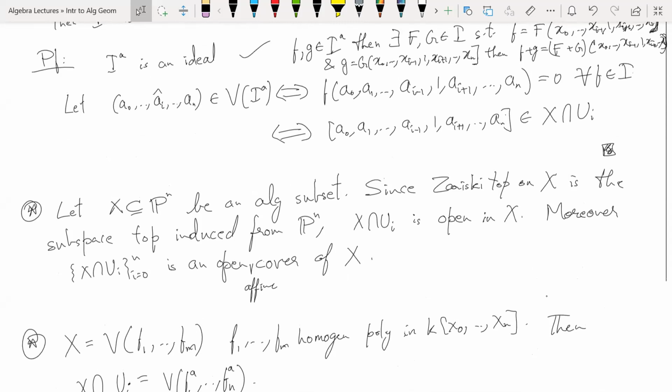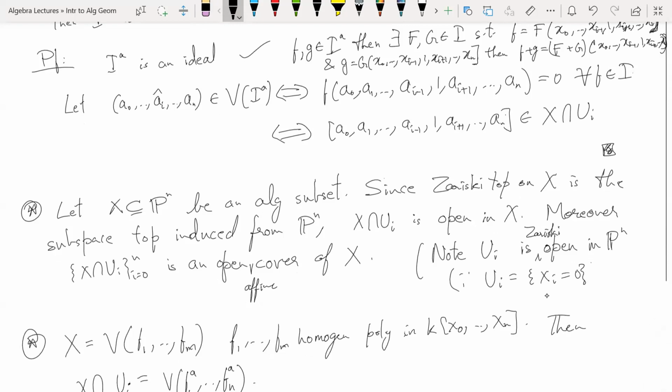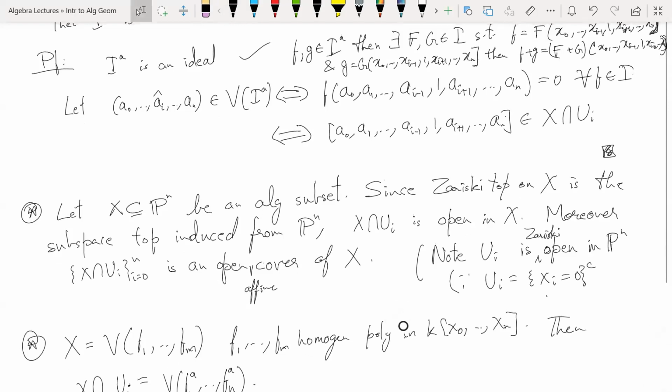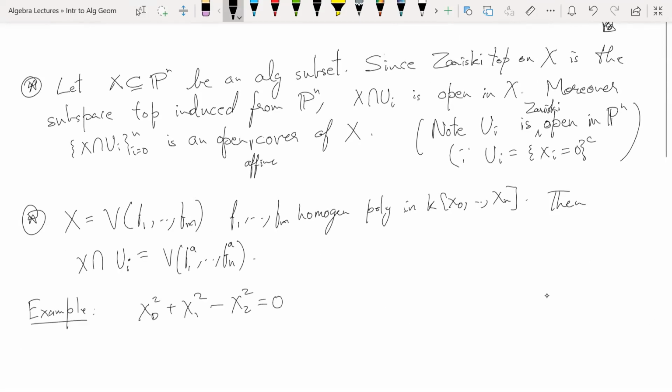So note U_i is Zariski open in Pn since U_i is the complement of X_i equals 0, the zero locus of X_i.